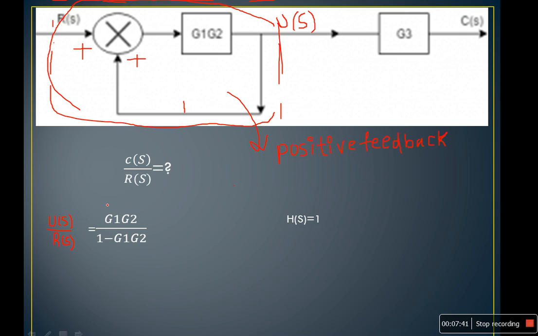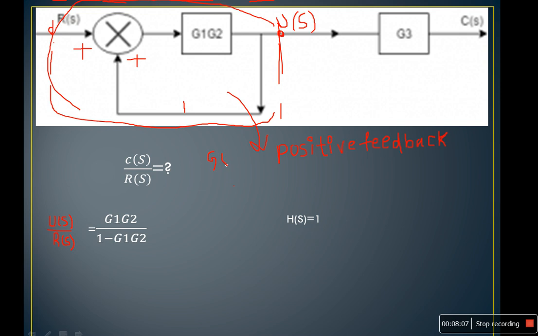Just substitute those values. First I am taking some U of s. The output of this particular block is U of s. The input is some R of s. First I am trying to find the transfer function for this specific block, that is U of s by R of s. Here I am having the positive feedback, so the value is G of s by 1 minus G of s into H of s.